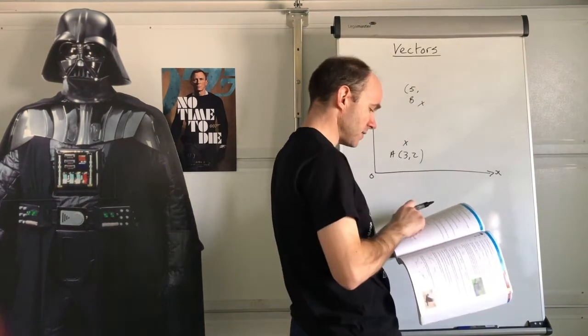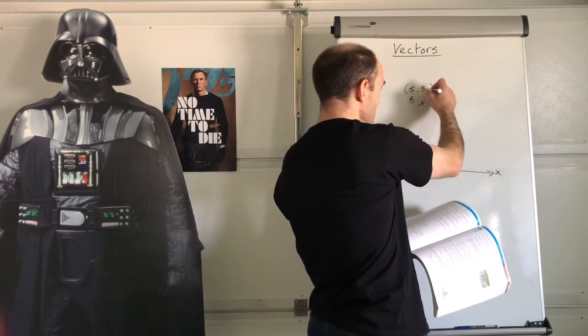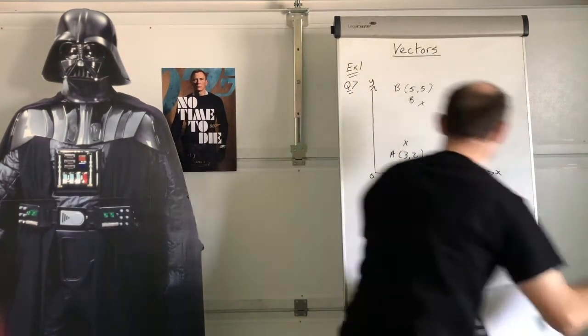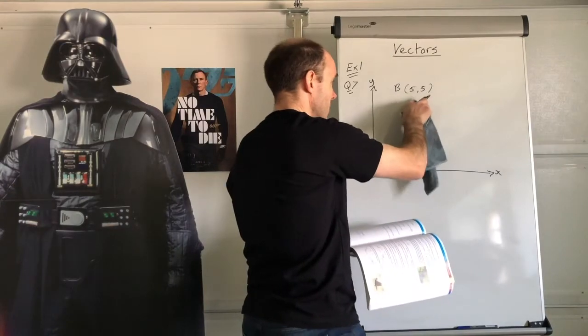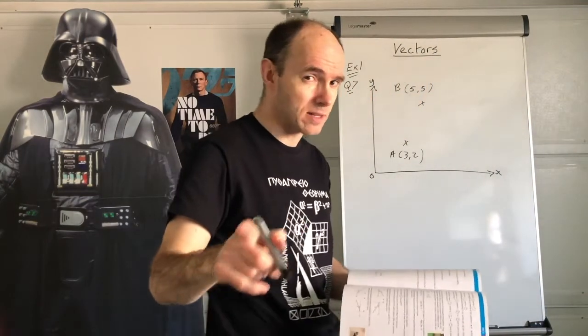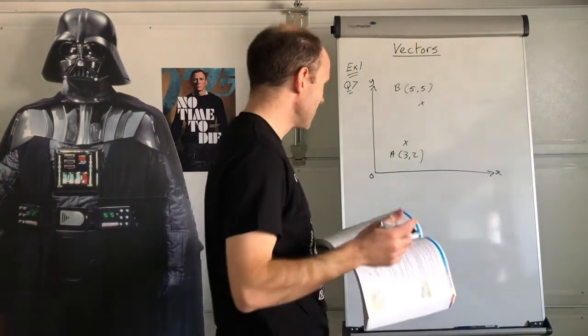Then 3 units upwards, the y coordinate would be 5 as well. So that must be the coordinates 5, 5, mustn't it? I'm going to write B a bit like that because it's just a bit neater. Does that make sense? By the way, if you look at the answer in the back of the book here, it's not quite right. You'll see what I mean if you check it out. So that's point B.